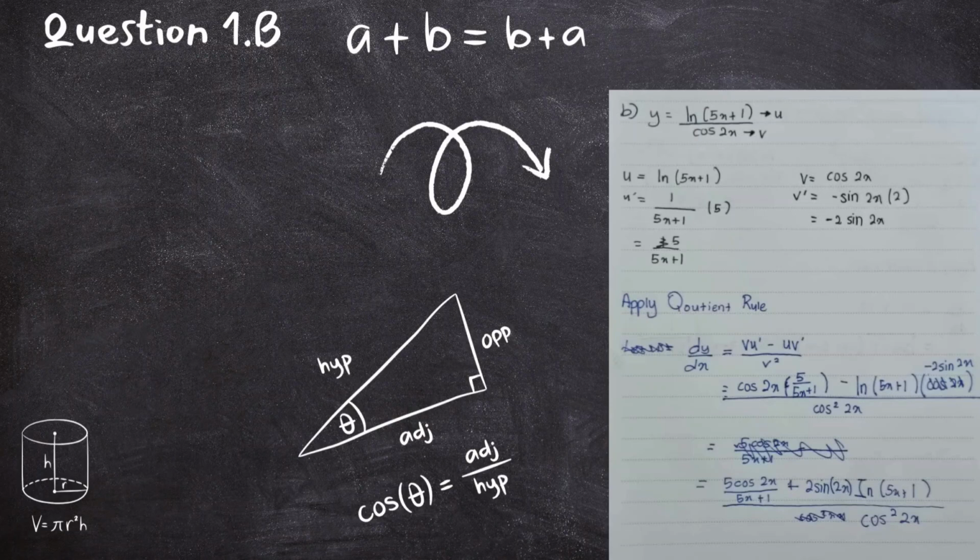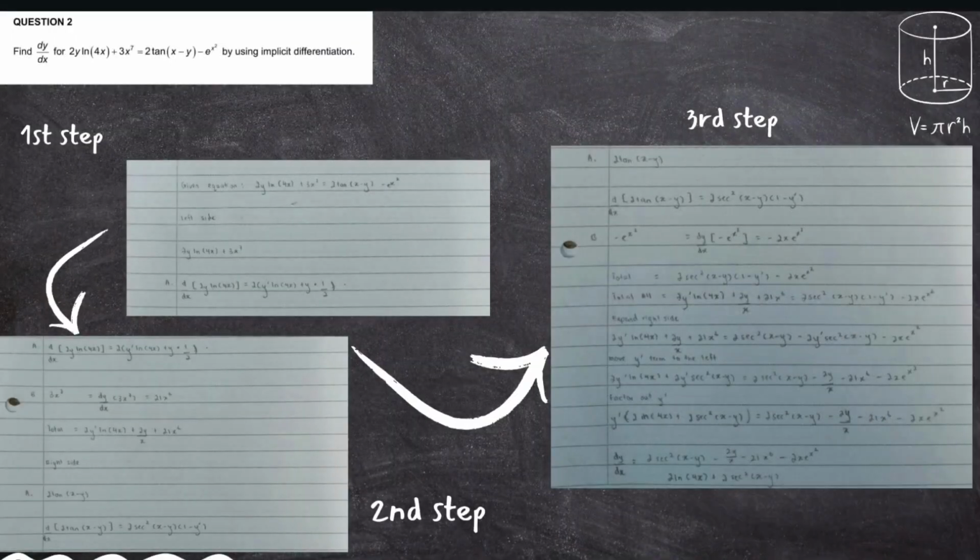Given the equation 2y ln 4x plus 3x to the power 7 equals 2 tan x minus y cos 2x minus e to the power x squared, we can simplify and differentiate the left side, which becomes 2y double prime ln 4x plus 2y over x plus 21x to the power 6.